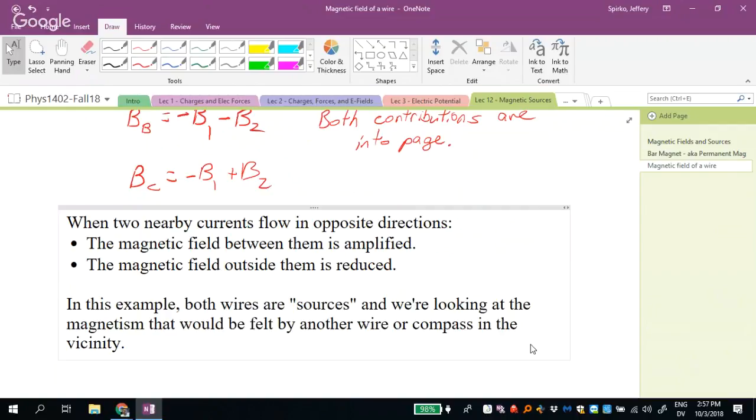We're not saying what force wire 1 feels or what force wire 2 feels. We're just saying that they generate magnetism. On Monday, we'll talk about what force they would feel due to each other, which is a little bit different.